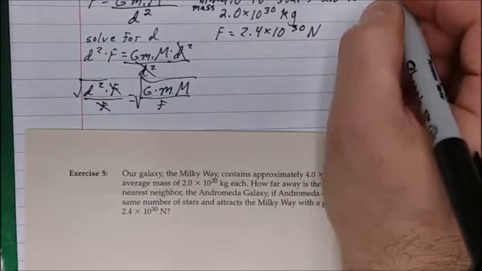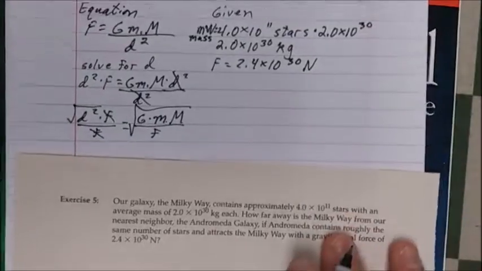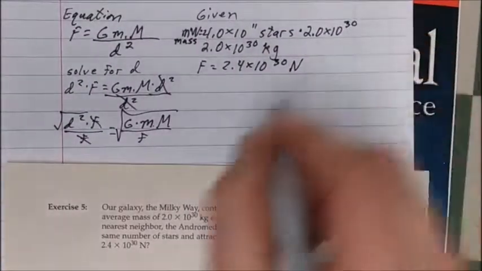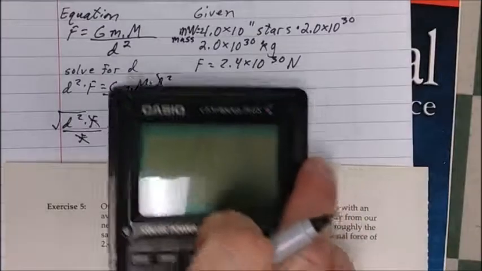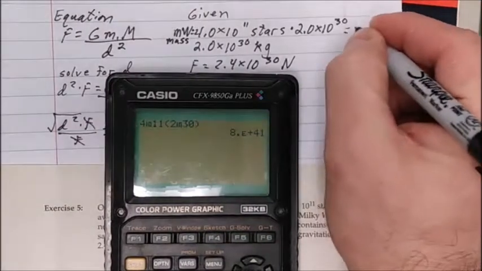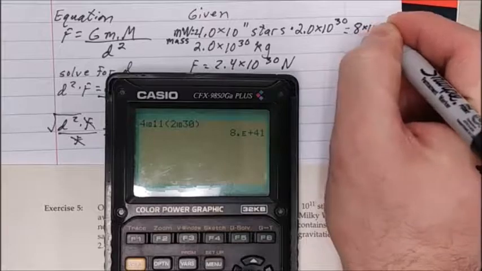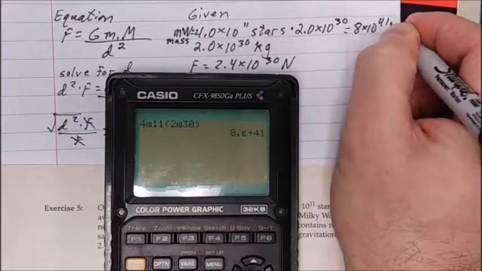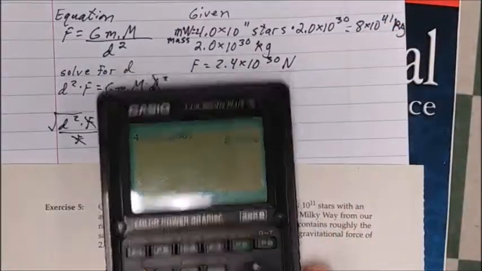I wonder if my calculator is going to even be able to do this problem. The numbers are so big. But anyway, plugging that in there: 4 times 10 to the 11th times 2 times 10 to the 30th equals 8 times 10 to the 41st kilograms of mass in the Milky Way.